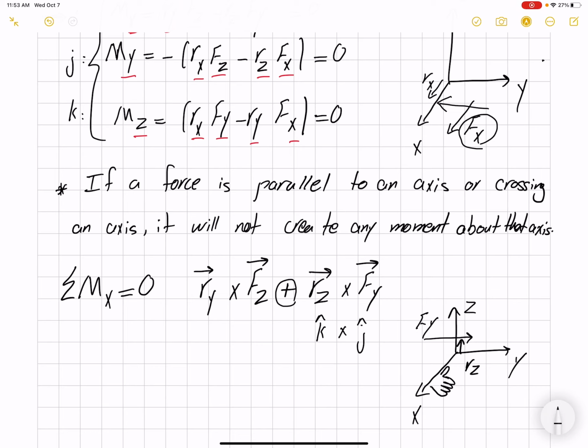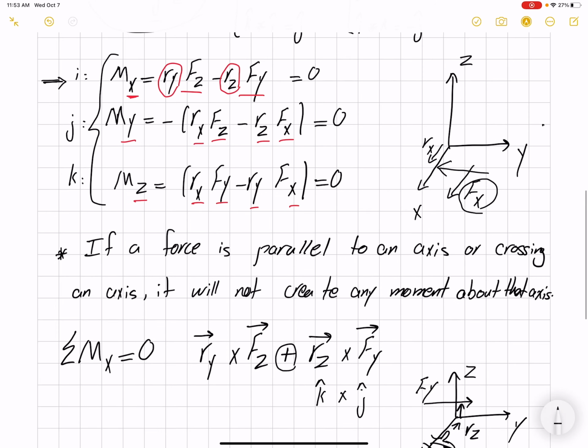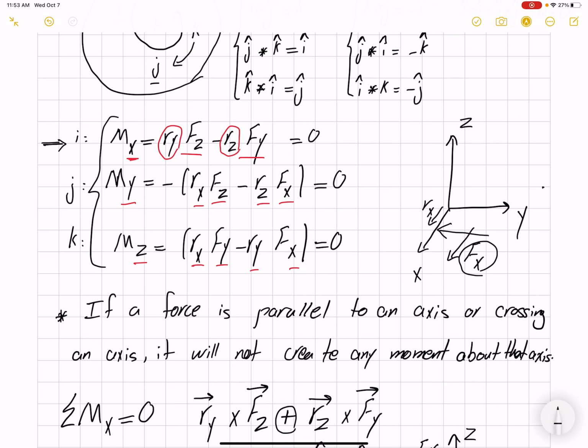So if you bend your forefinger around the x-axis, your thumb would indicate the direction of moment, which is the opposite of the x-axis. So you can see a force Fy on top of the x-axis is going to create a negative moment about x. And if that force was at the bottom of the x-axis, it would have created a positive moment. And that's why these negative signs will appear.